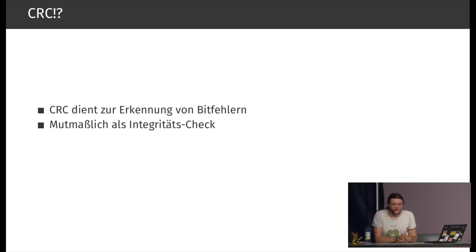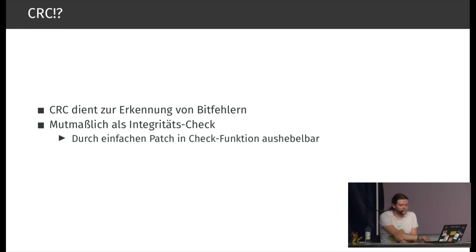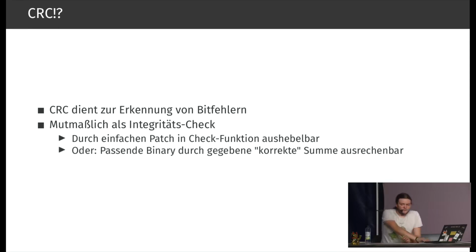Okay, CRC is more for detecting bit errors, not for a cryptographically secure check. So we can also patch it quite easily, because we just say CRC always says, yeah, it's okay.